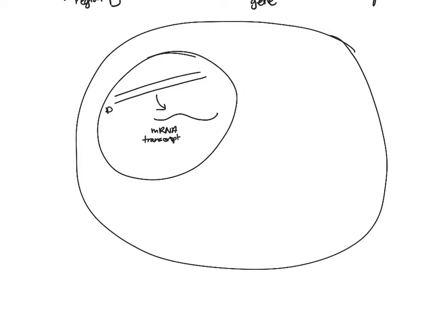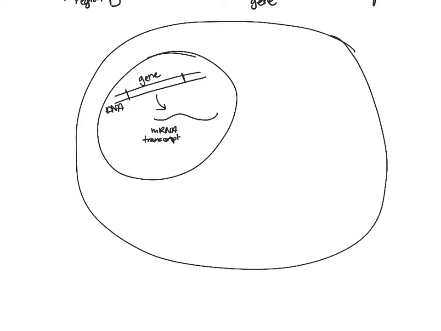So this is our DNA up here. And this is more specifically, we're going to say the gene that we made a copy of. And so now we have our mRNA transcript that is just the complementary base pairs with that change there with the U instead of the T. And now we have our mRNA transcript. This has all happened within the nucleus.